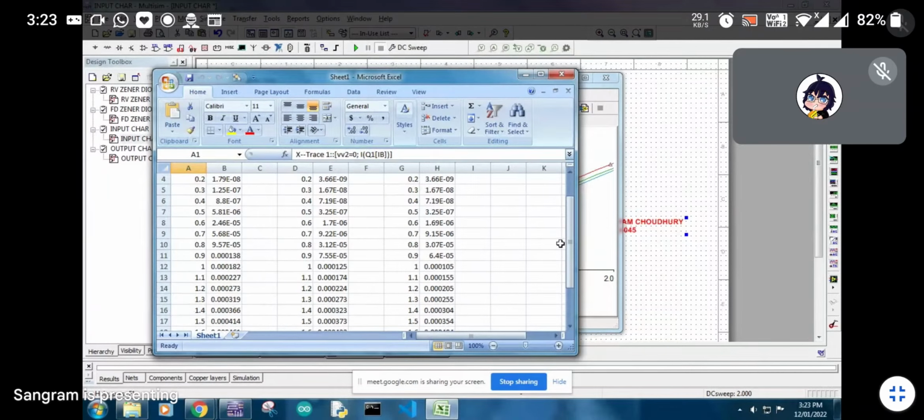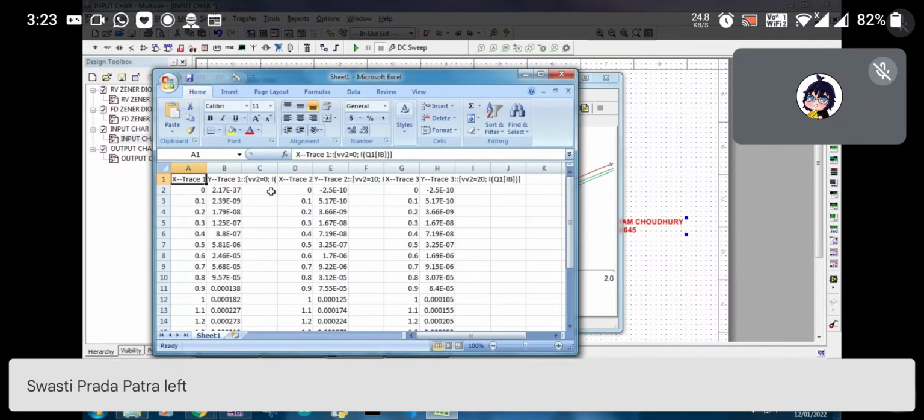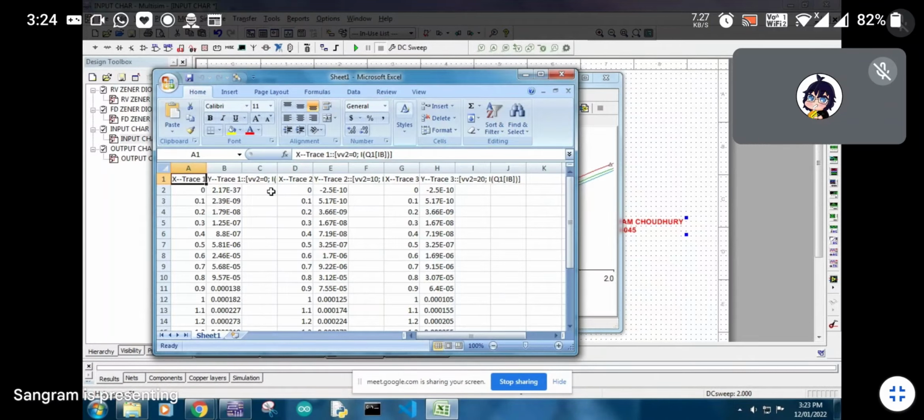Also mention its unit, volts, millivolt, whatever it is, okay? Yes, do it. You can also plot this using Excel, okay? You can check the characteristics by using these values in Excel.